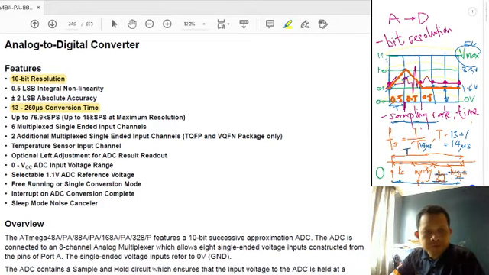So let's open up the calculator. 1 divided by 14 micro, so 0.000014.